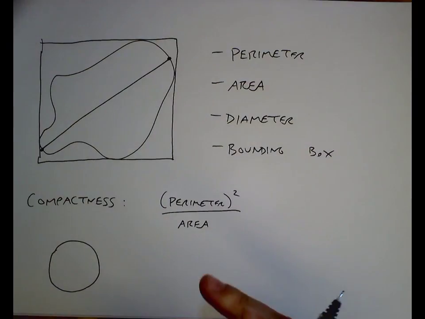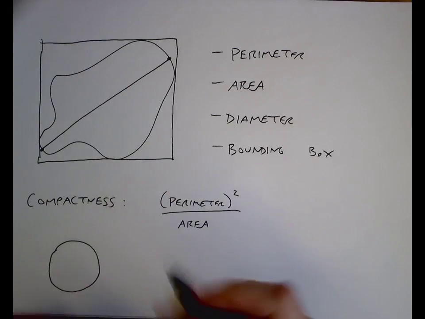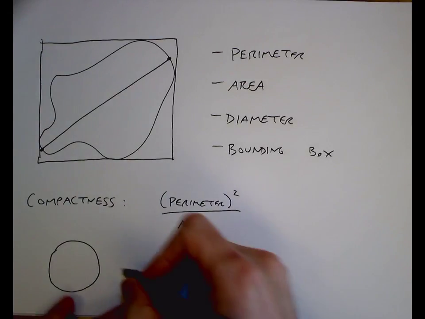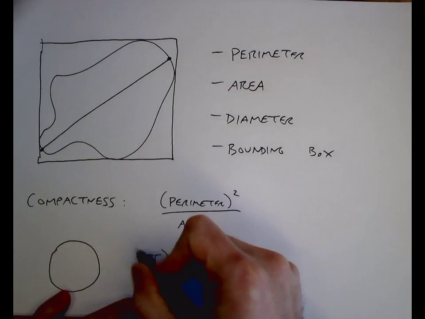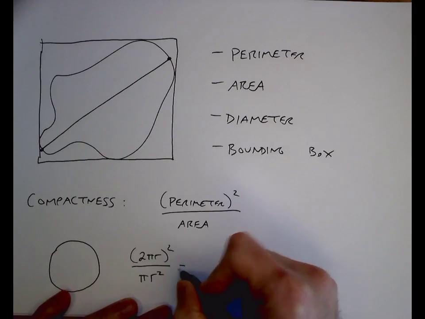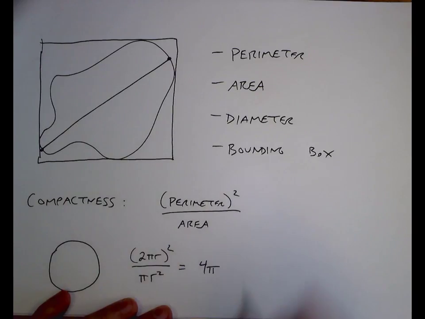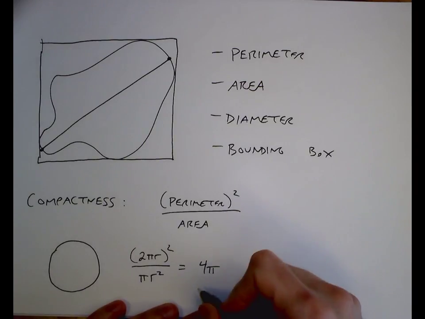So we know from the way that shapes form in nature that if you've got a certain amount of area, the most parsimonious or compact way of representing that is to draw a circle that encloses that area. So the perimeter of the circle is going to be 2 pi r. We square that. The area is going to be pi r squared. And when we do this division, we get 4 pi, right?